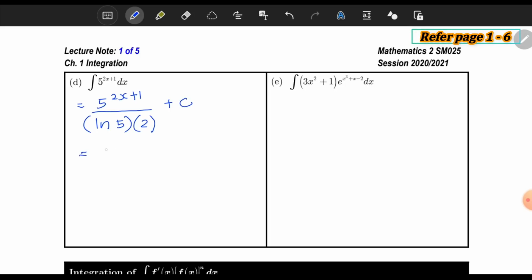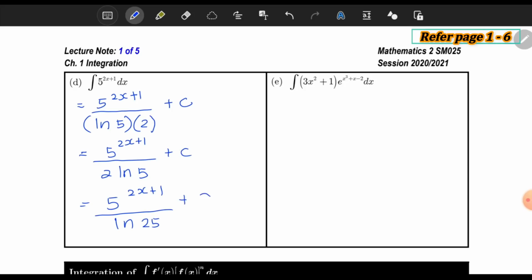Or we can write 5 power of 2x plus 1 divided by 2 ln 5 plus c, or 5 power of 2x plus 1 over ln 25 plus c.